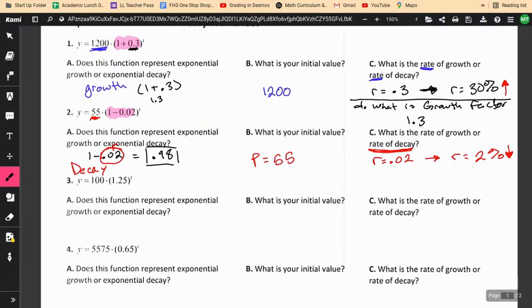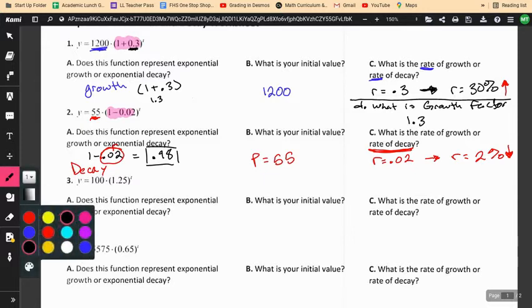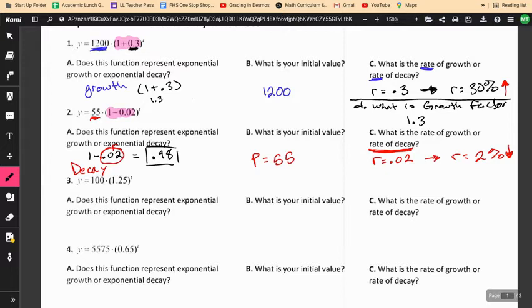Question number 3, same concept. So what does this function represent? Again, we're looking at the entire B value, so everything inside parentheses. That is 1.25. That is bigger than 1, so we have a growth again. What's my initial value? My initial value is just that 100, so principal is equal to 100. And then the rate: I have 1.25, so I need to understand that I got that by doing 1 plus 0.25.